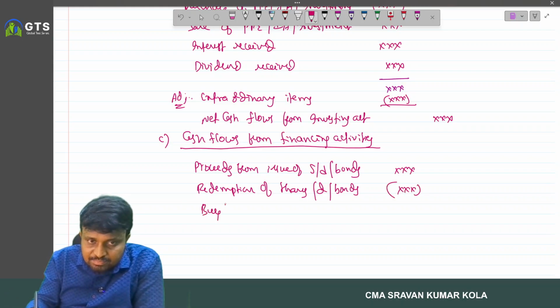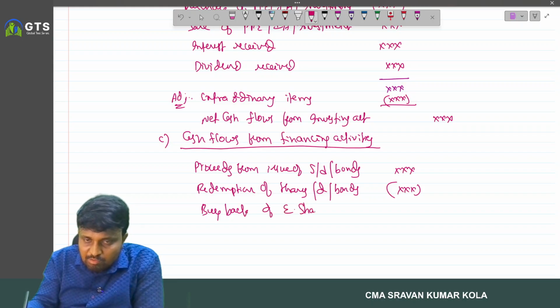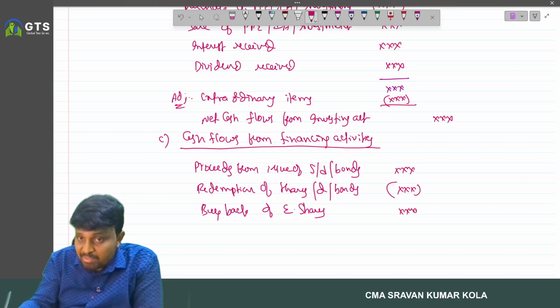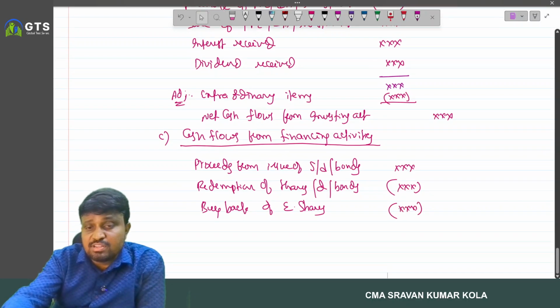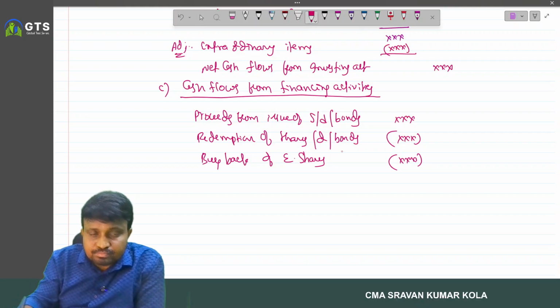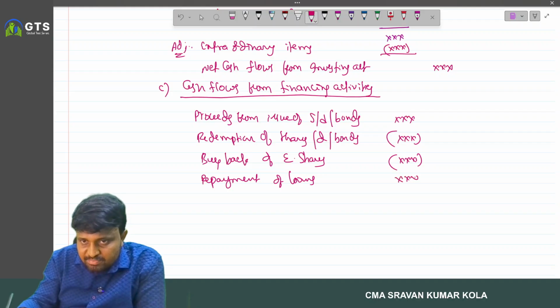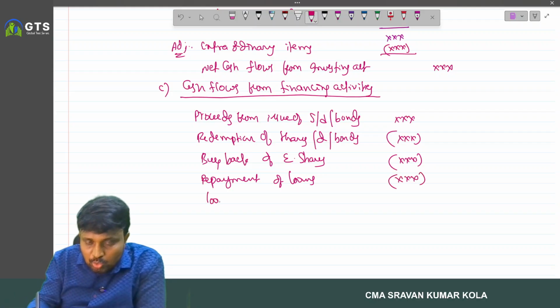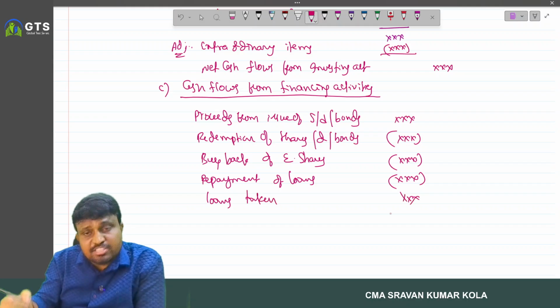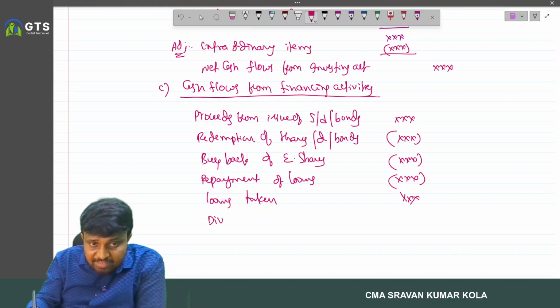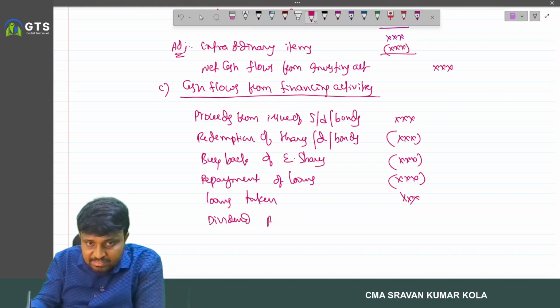And buyback of equity shares, and repayment of loans, if any, and loans taken is an inflow. And dividend paid.